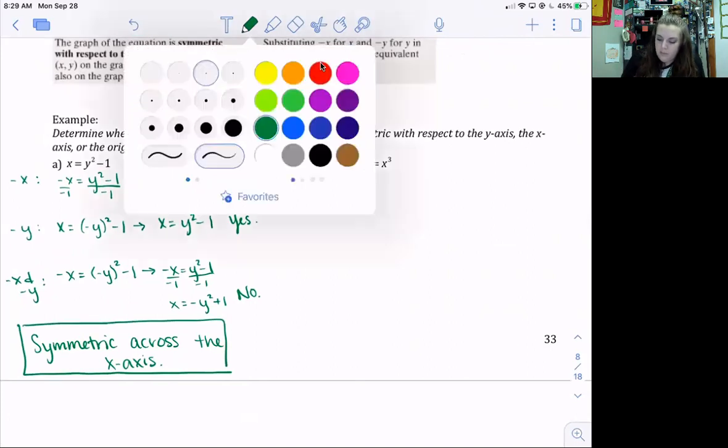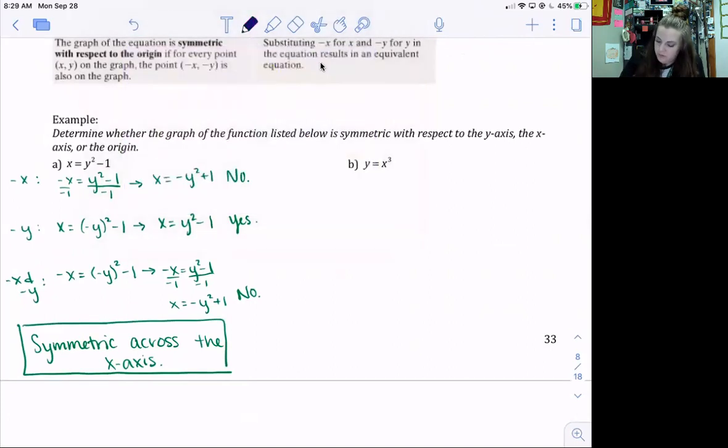Okay, so if we look at B, we're going to do the same thing. If we plug in negative x, we get y equals negative x cubed, and a negative cubed is still a negative. Well, if we divide by a negative to try to get rid of it, we get negative y equals x cubed.